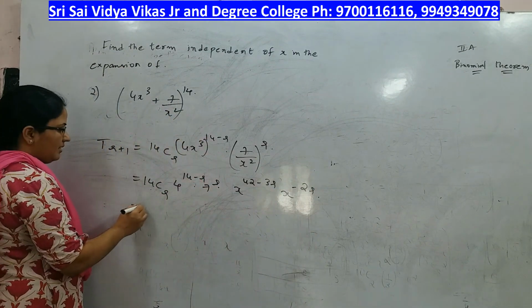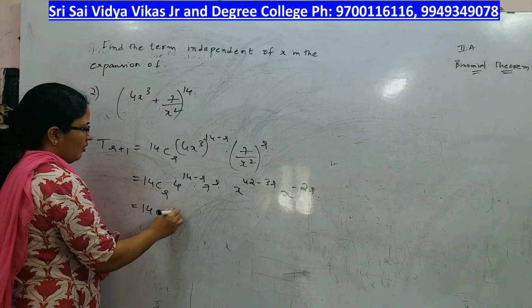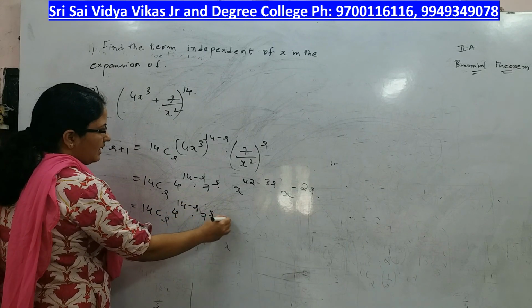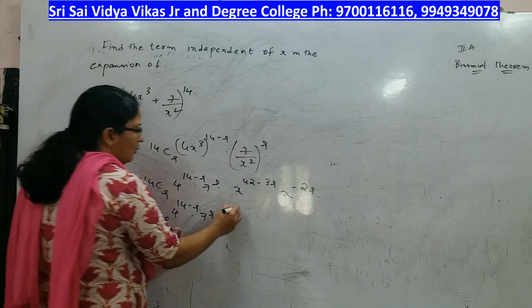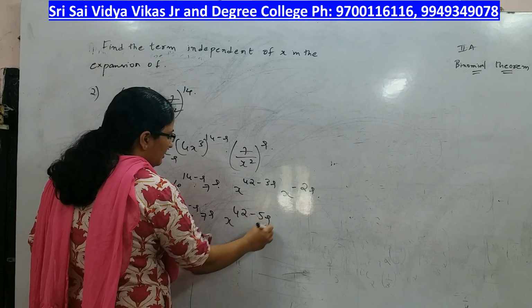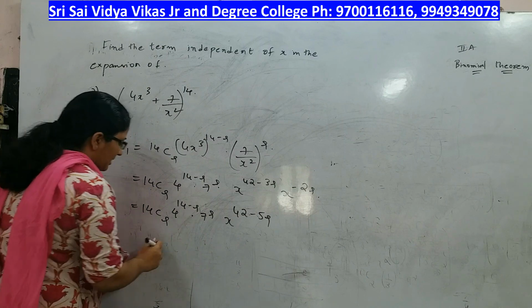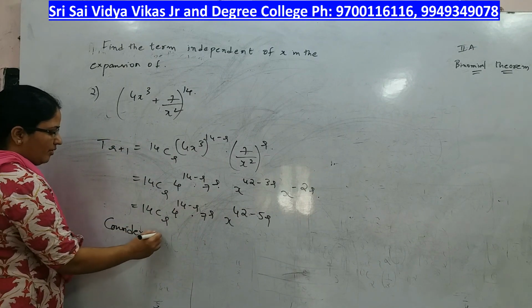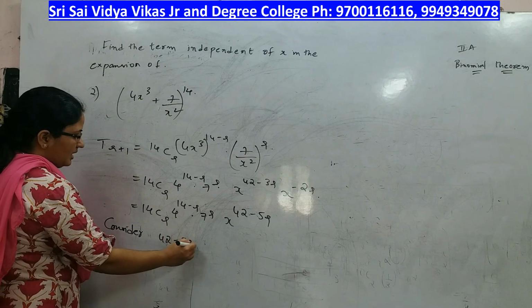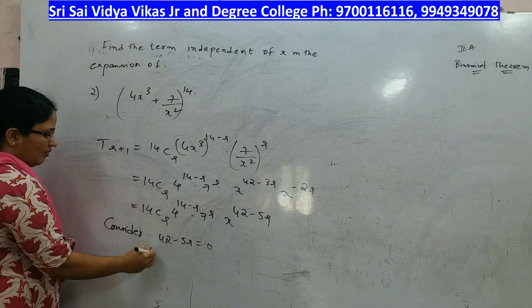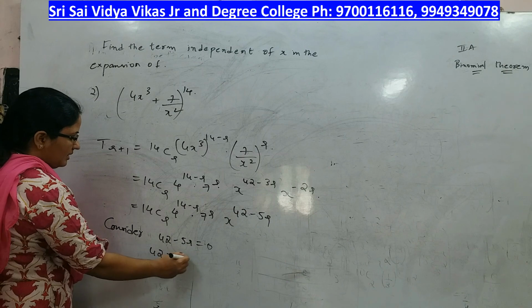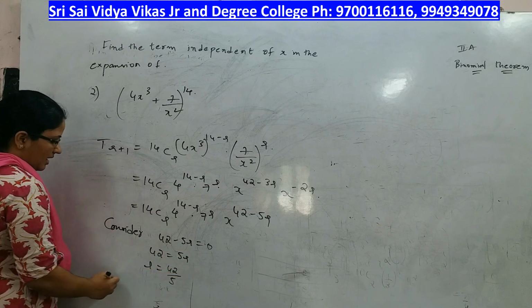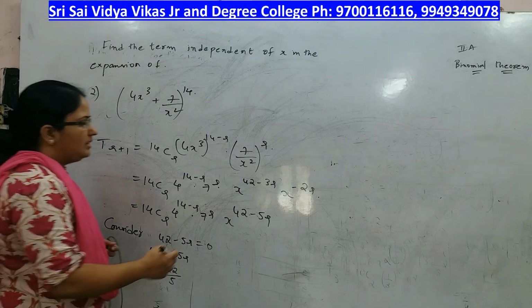So this is nothing but 14Cr 4^(14-r) 7^r x^(42-5r). Consider 42 - 5r = 0. 42 = 5r. r = 42/5. r is not an integer.